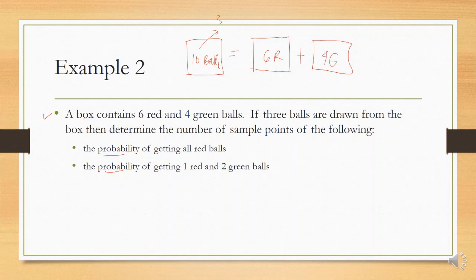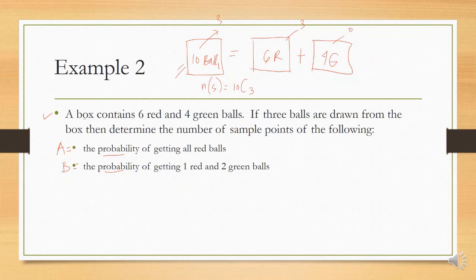Now, if we know this, ibig sabihin, ang N of S natin is actually yung kinumpit natin kanina. Ayan. And then, for the event A natin, this is B, probability of getting all red balls, meaning, 3 dito, 0 doon.